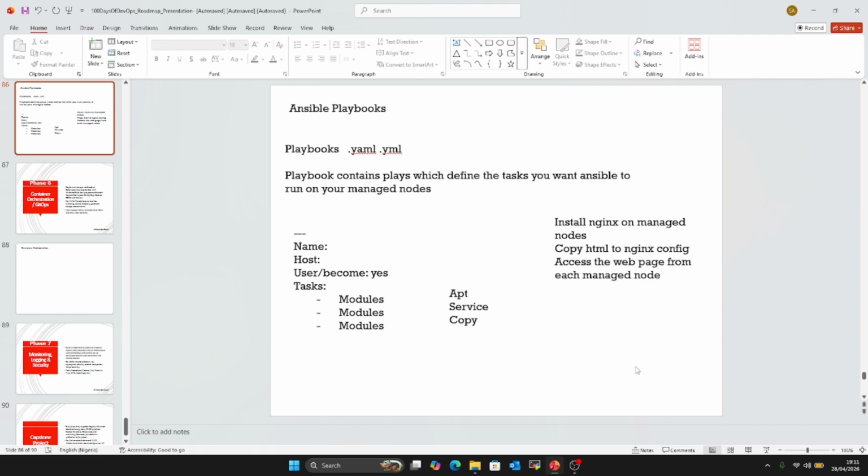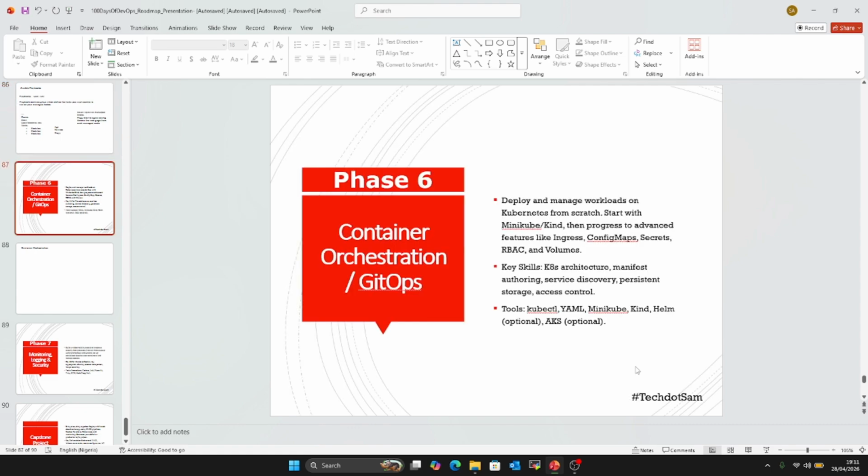So we are going into the juicy part of this series, and it's a part that every DevOps engineer is always looking forward to. Every DevOps engineer wants to know about this phase. It's one of the most important parts of DevOps after CI/CD.